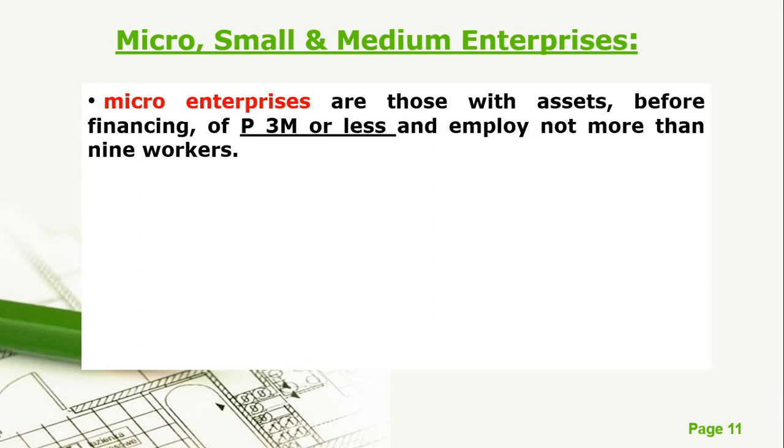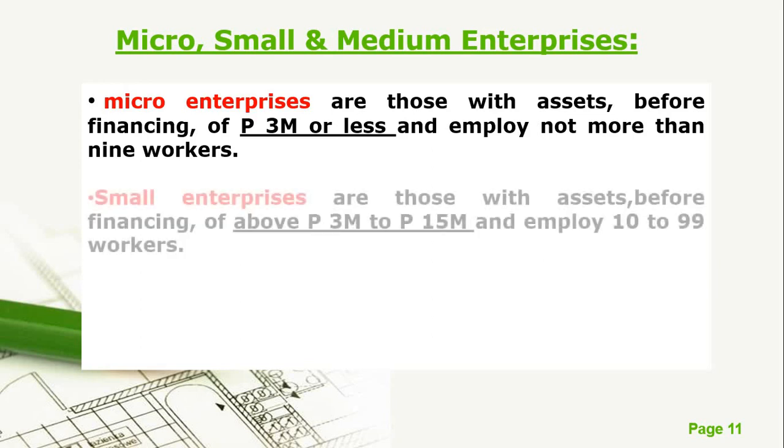So to be a micro enterprise, the assets before financing, meaning before borrowing money from outside creditors, should be 3 million or less, and the employees should not exceed 9.